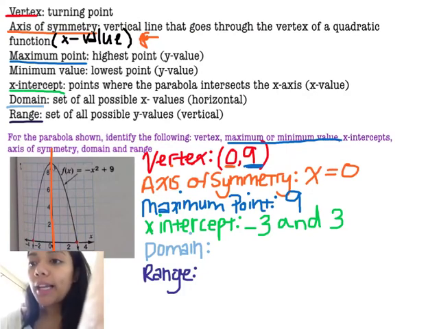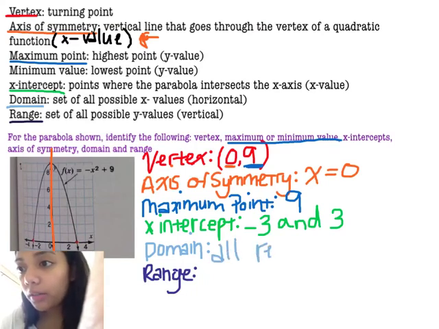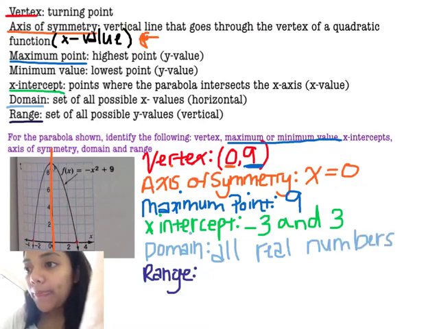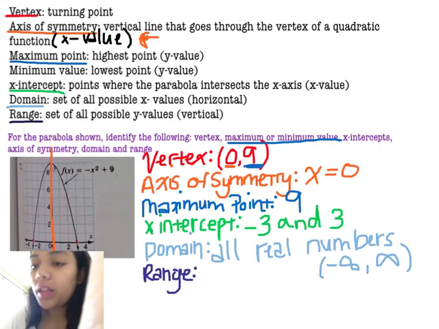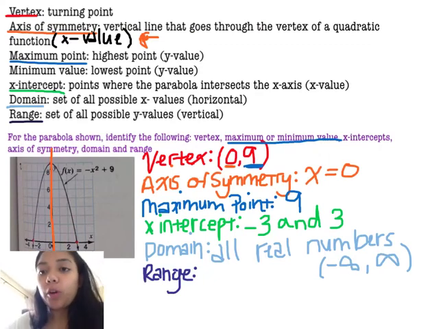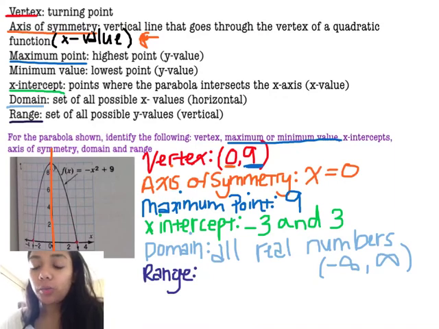So, your domain is the set of all real numbers. So all you would put is all real numbers on every single one. Or you could write -infinity to +infinity. Okay, so I can explain the domain more tomorrow. For time's sake, I just want you to know that.